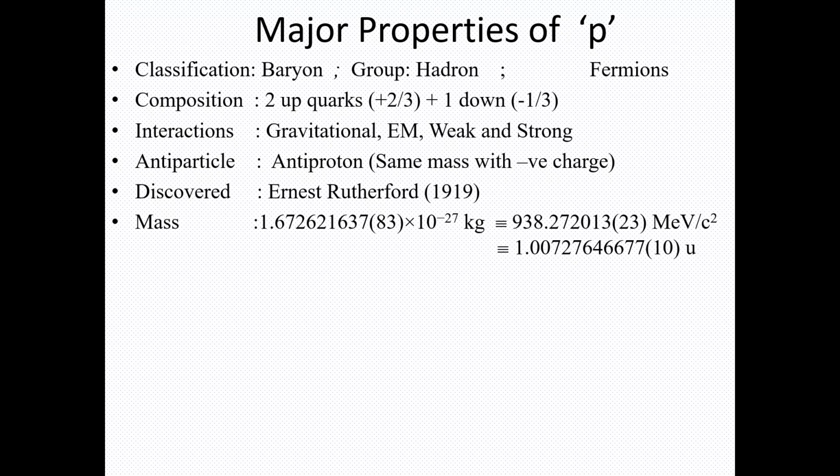The mass of the proton is equal to 1.672621637 into 10 raised to power minus 27 kg, which in terms of energy unit is approximately 938.3 mega electron volt per c square, which in terms of U is equal to 1.00727646677 atomic mass unit.